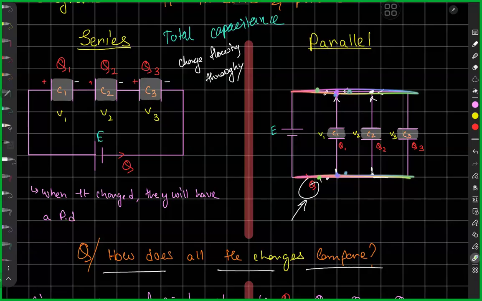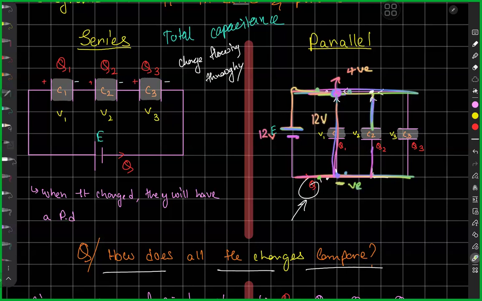And to make it easier to understand, if there is net positive charge over here and net negative charge over here, causing 12 volts of potential difference, over here there's the same net positive charge and the same net negative charge, which is why the potential difference across here is also 12 volts.